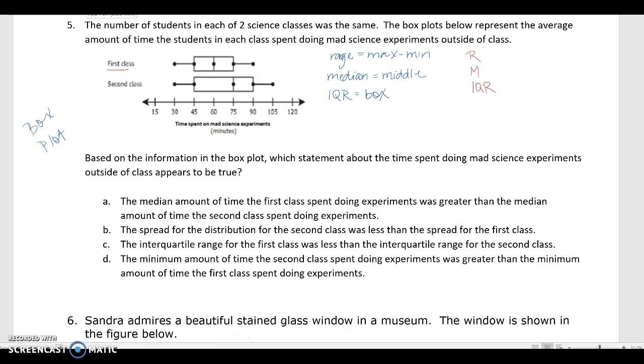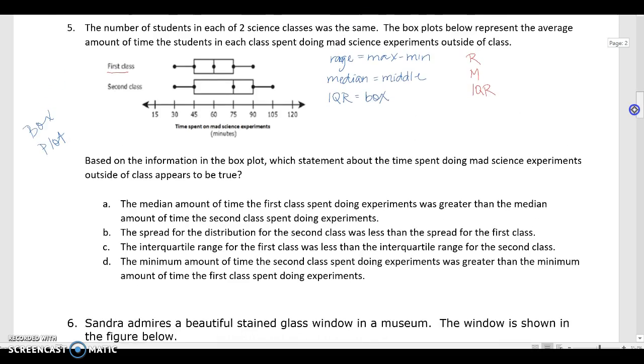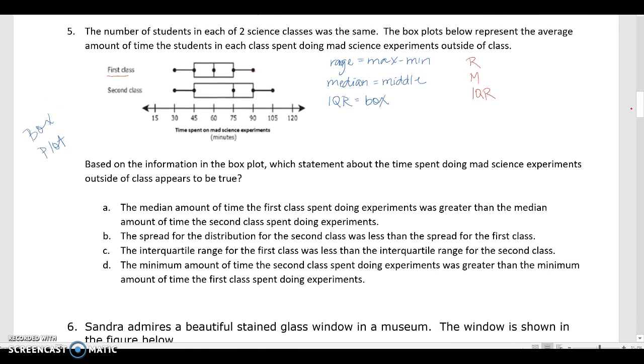So the range is going to be your maximum, so 90, right? 90 minus your minimum, 30, is 60. Then your median is here. It's the middle line in the box.